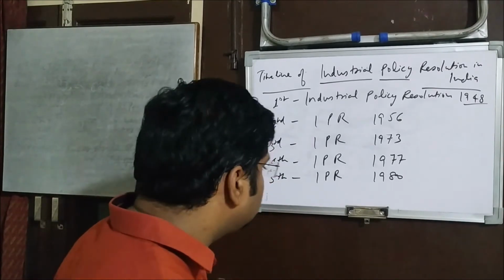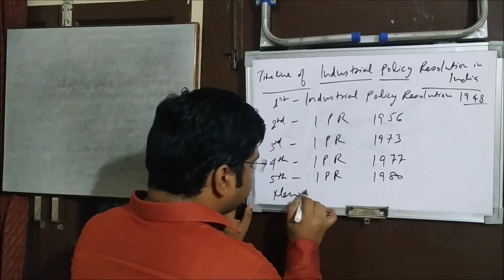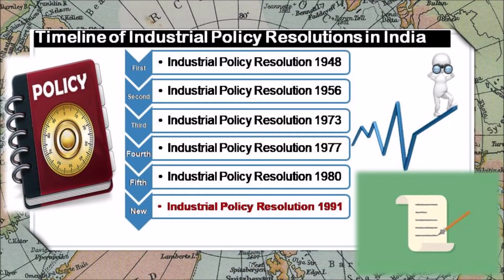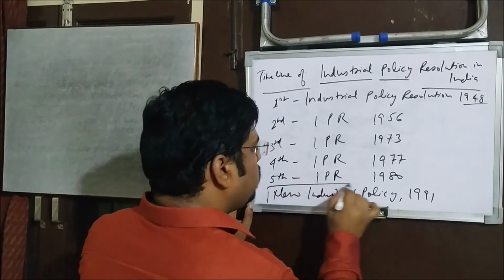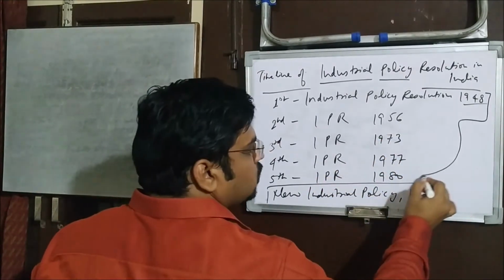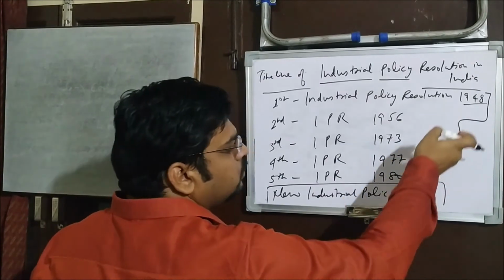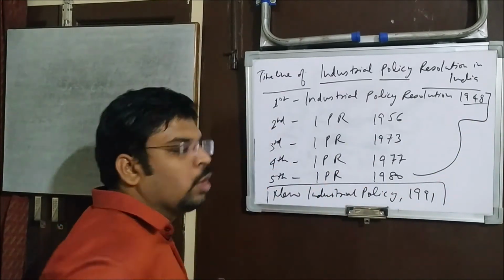Thereafter, they announced the new industrial policy in 1991. So we'll talk about this new industrial policy of 1991 later on. First, I will explain briefly what the problem was in all these 5 policies.